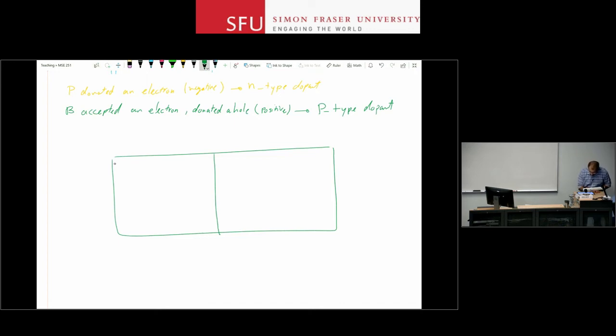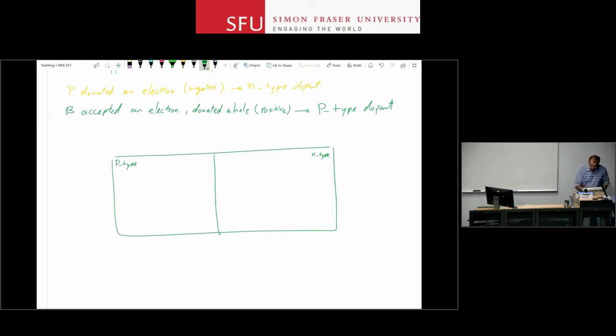So let's say I have P-type silicon on the left side so that it is consistent with your slides. An N-type silicon on your right side, right? So it is silicon. I have, let's say, phosphorus on the right half of this piece and boron on the left side of this piece of material.